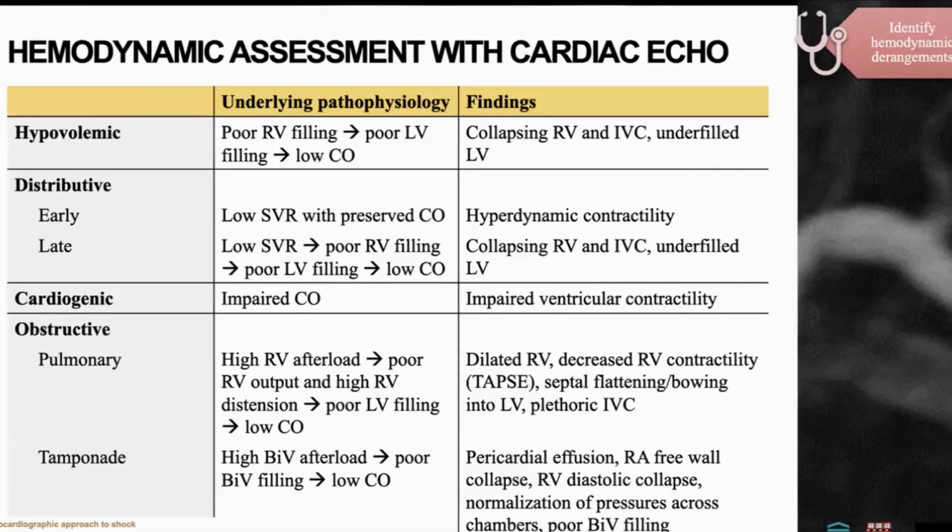Of course, you're going to probably see other findings, right? So if someone is having an arrhythmia, you're going to see the ventricle beating irregularly. If someone has an acute valvular pathology, if you're skilled enough with the echo, you can see things like regurgitation or stenosis. And then when you get to obstructive shock, I'm going to go a little bit more into detail here, but these are very key findings.